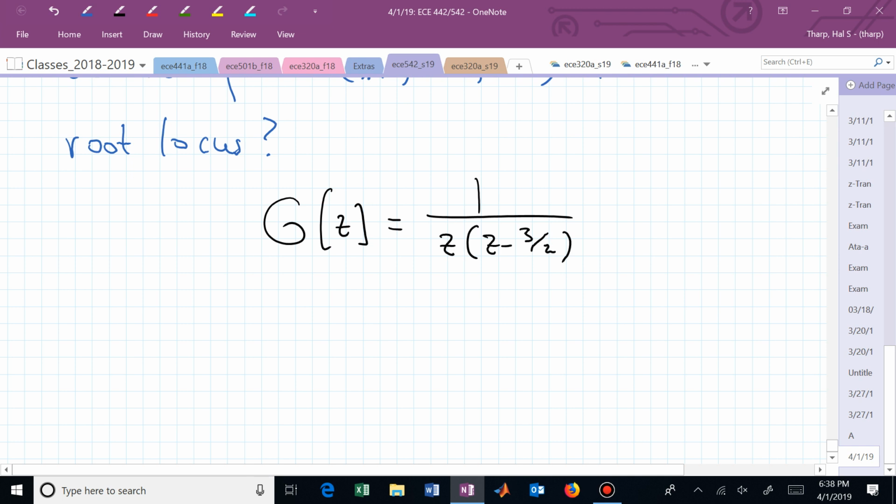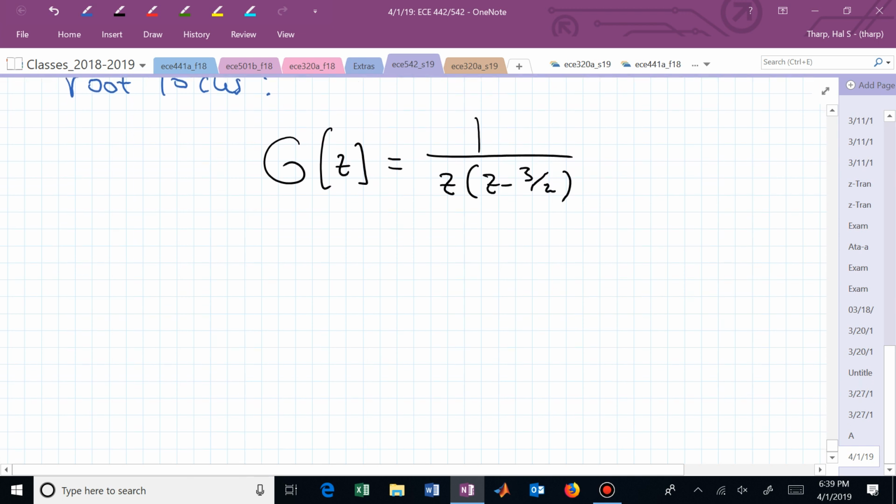Now we just have a polynomial in the denominator. What's the angle of the numerator? If 1 is a complex number, what's the angle of 1? 0. So we could say it has a magnitude of 1 and an angle of 0. So we really don't need to worry about the angle associated with the numerator in this particular g of z. Suppose we now want to look at the angle of g of z when z is over there at the star.